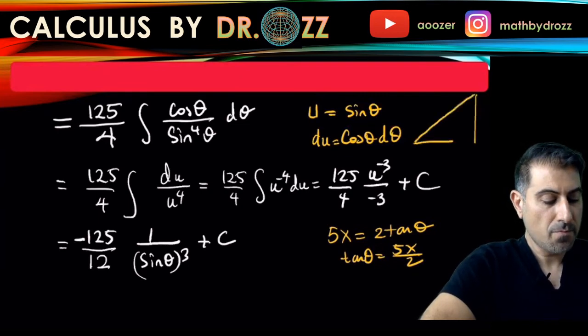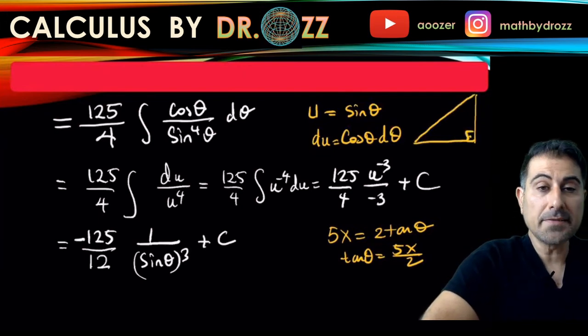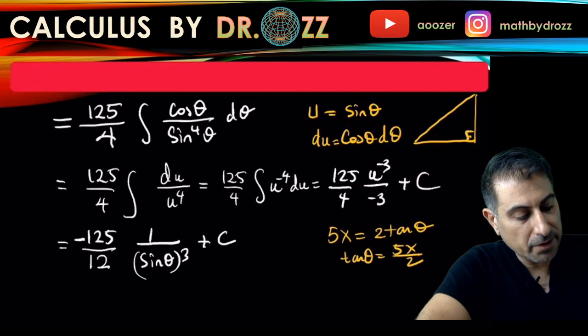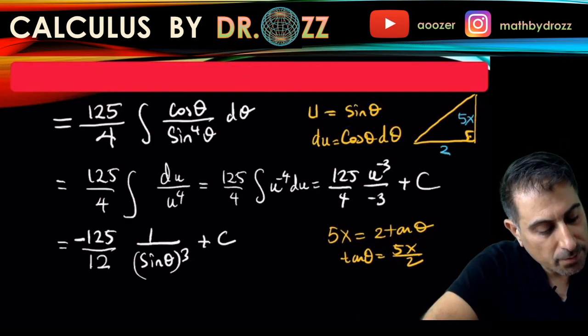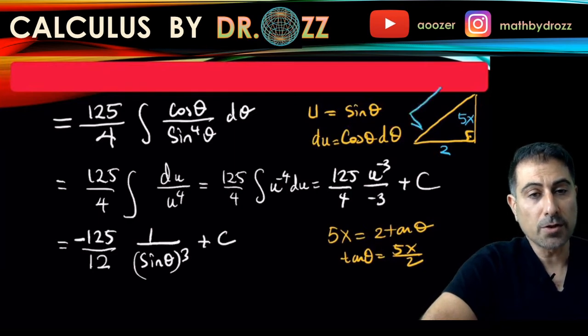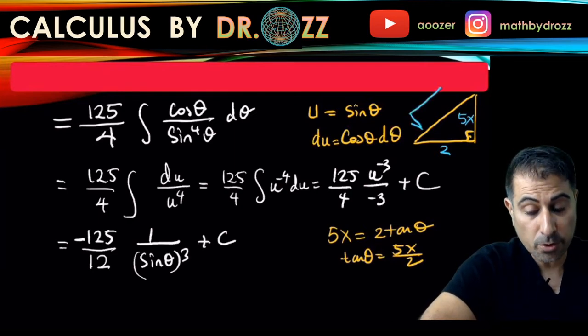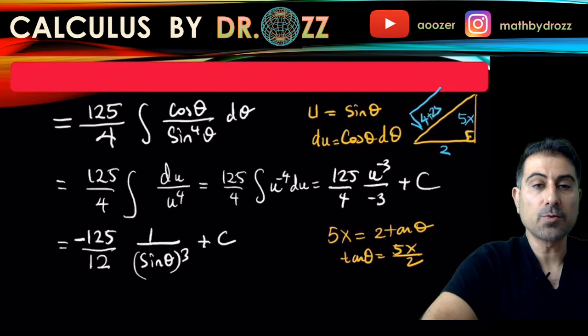Well, tan is opposite divided by adjacent. There we go. I have my opposite here, adjacent here. That's 5x over 2. And the hypotenuse is going to be the radical of 5x quantity squared plus 2 squared, which is 4. So this should be 4 plus 25x squared.